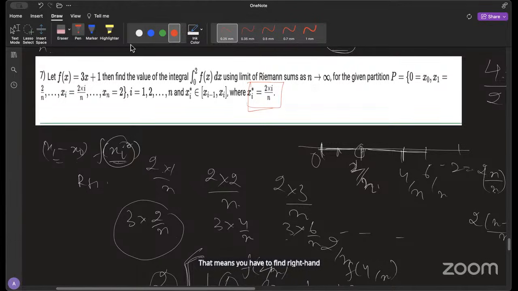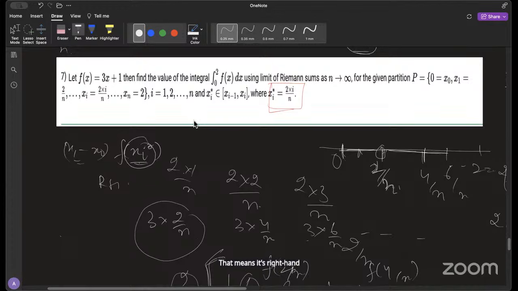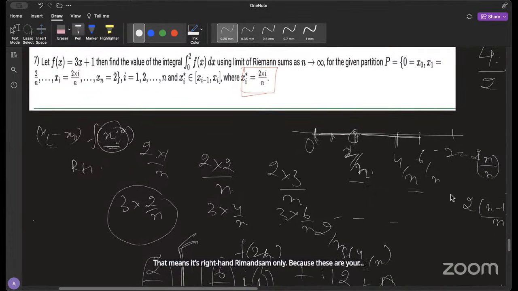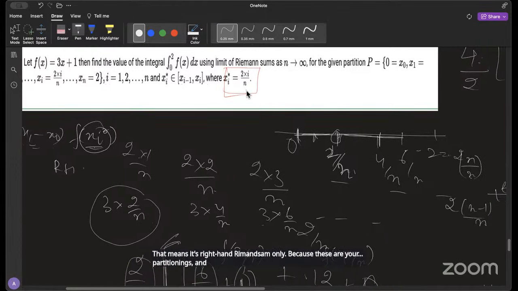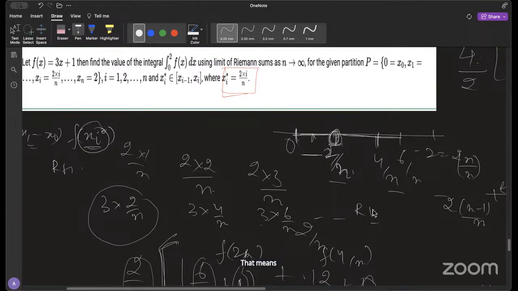I thought your xi star was not given in the question, but I just saw that it's given. That means it's right hand Riemann sum only. Because these are your partitionings and you have to choose your xi star. So for the first interval, you have to choose 2 times 1 by n. That means you have to choose this endpoint. That means it's the same as right hand Riemann sum, right?